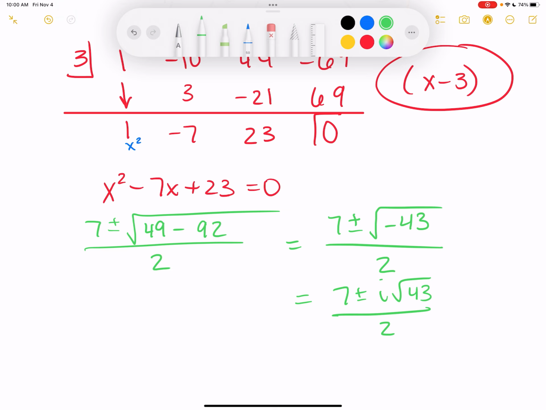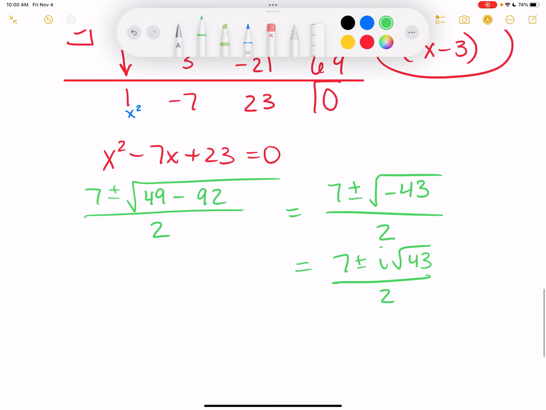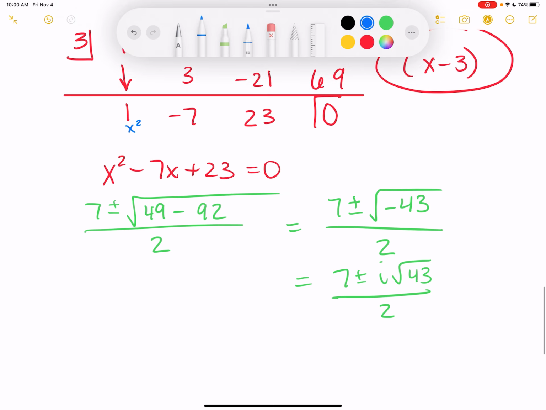This gives me 2 factors here. The whole thing is positive, but the sign inside is going to be different, so you're going to have to split them when you write these. As your factors, x minus 3 is 1, so f of x equals x minus 3.